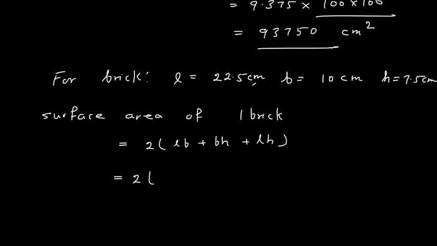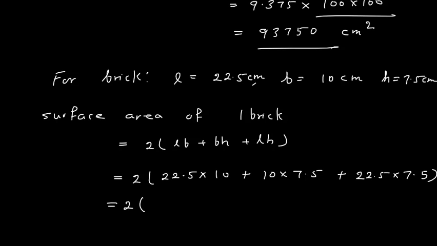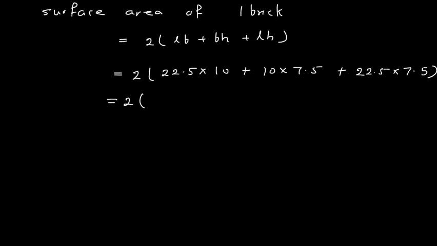Is equals to 2 into (length 22.5 into breadth 10, plus 10 into height 7.5, plus 22.5 into 7.5, length into height). Okay, now I have to calculate 22.5 into 10. I will get 225, plus here I will get 75. Okay, these two products are simple.